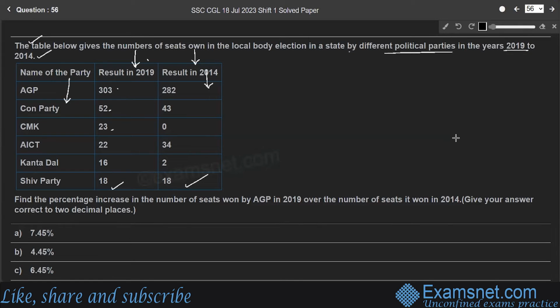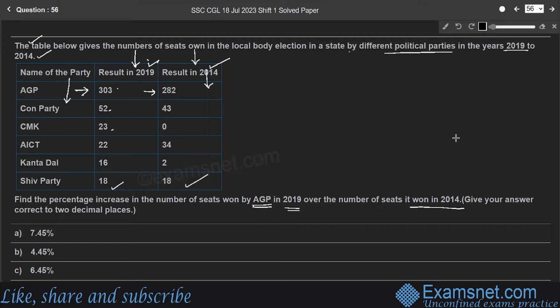Here the question is, find the percentage increase in the number of seats won by AGP party in 2019 over the number of seats it won in 2014. Give your answer correct to two decimal places. Here the number of seats won by AGP party in 2019 and 2014 are respectively 303 and 282, right?